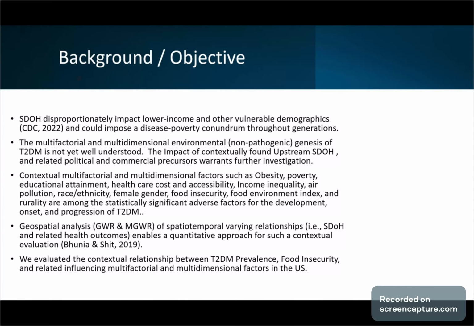So what is the background? And I know this is a busy slide. If we're thinking about social determinants of health, that's something that we use frequently in public health. And obviously, all of you have probably had lectures in the previous couple days that go into the social determinants of health.